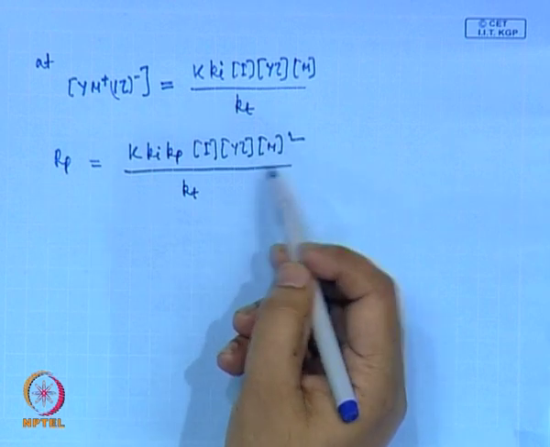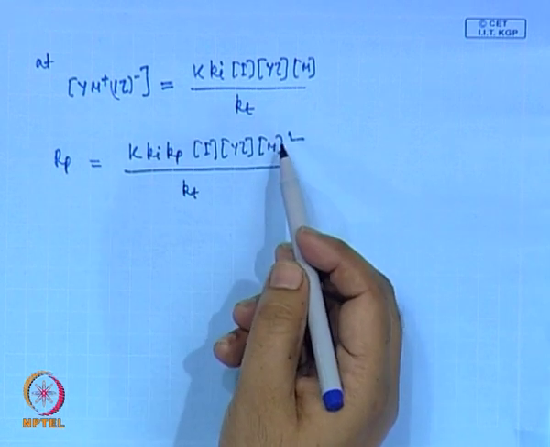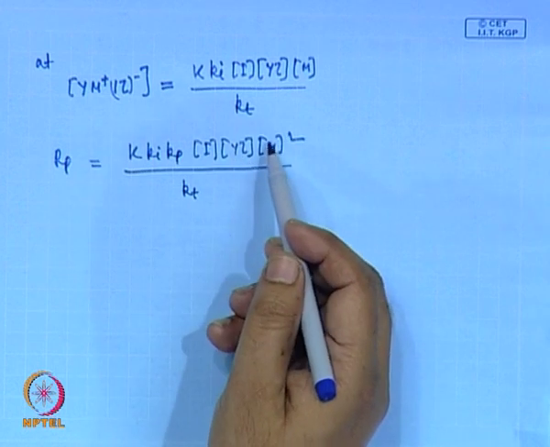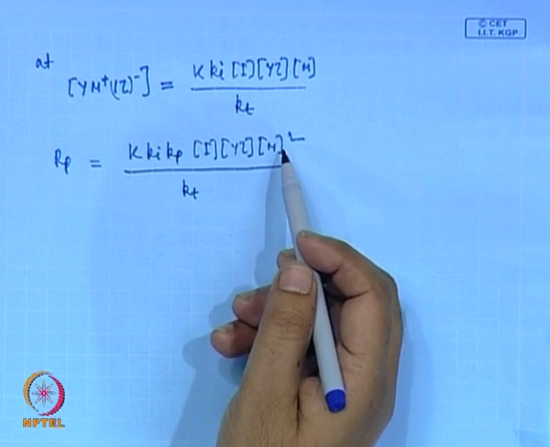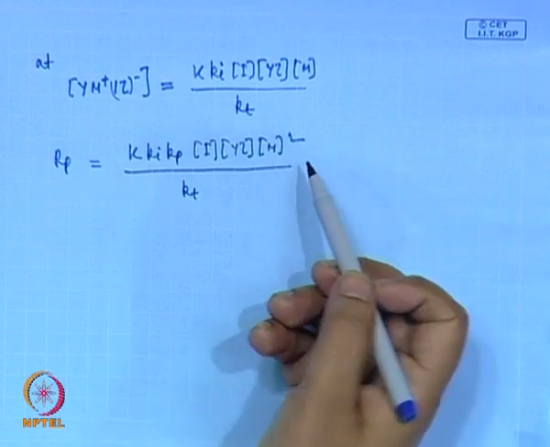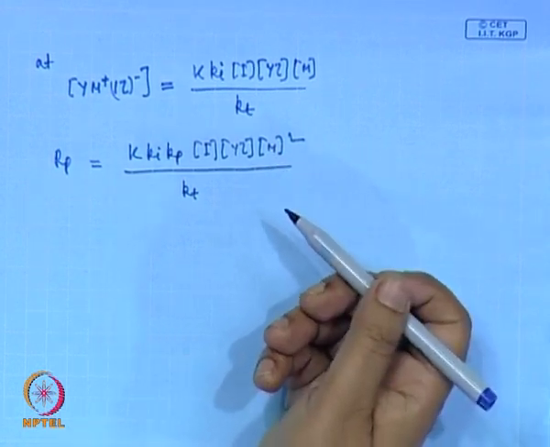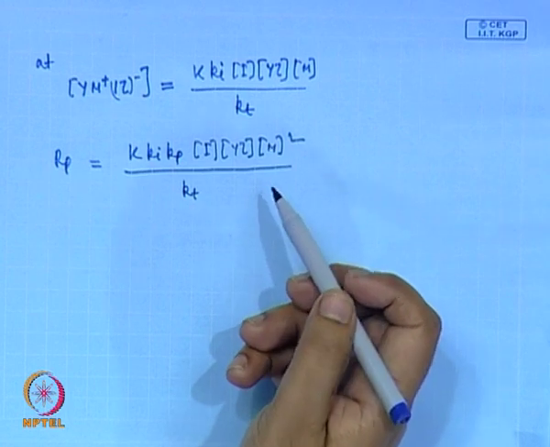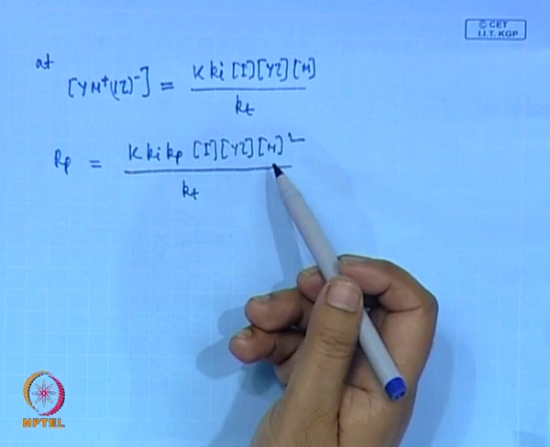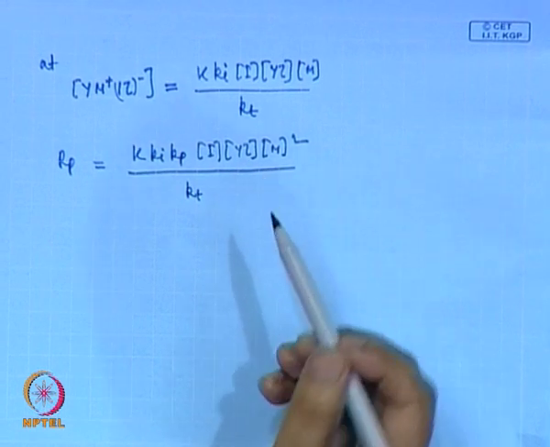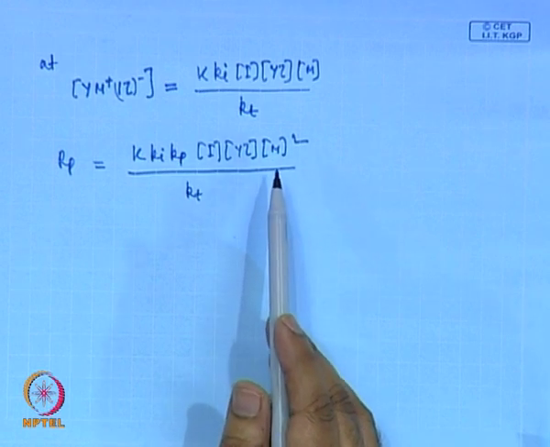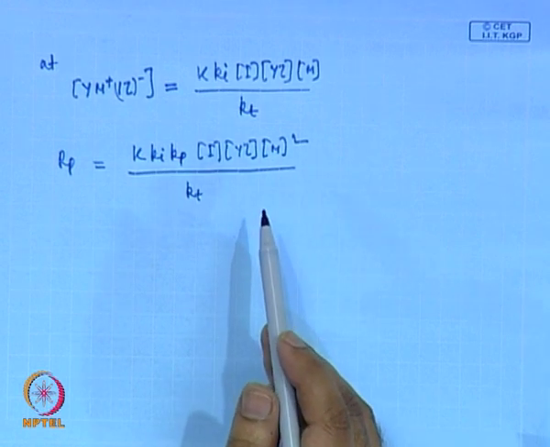Now, here the rate of polymerization depends on the square of the monomer concentration, whereas in radical polymerization, if you remember, it was related to the first power of the monomer concentration. That is because the monomer appears in the rate expression of the initiation reaction in ionic polymerization, whereas in radical polymerization the monomer was absent in the initiation reaction.